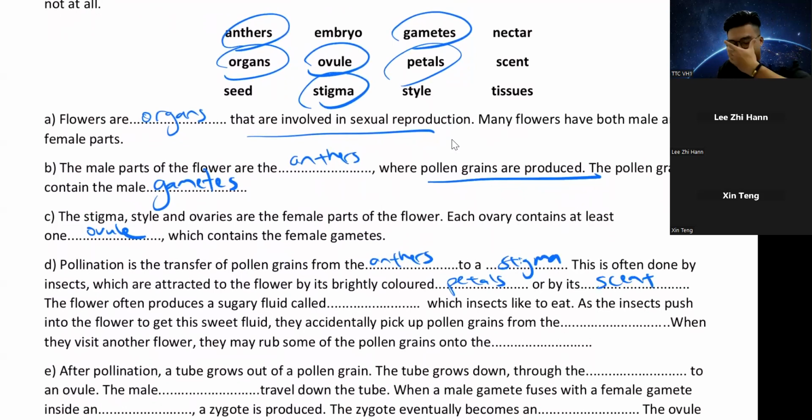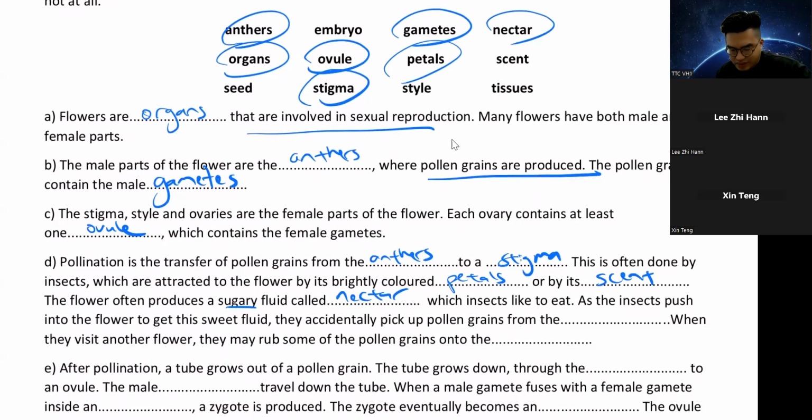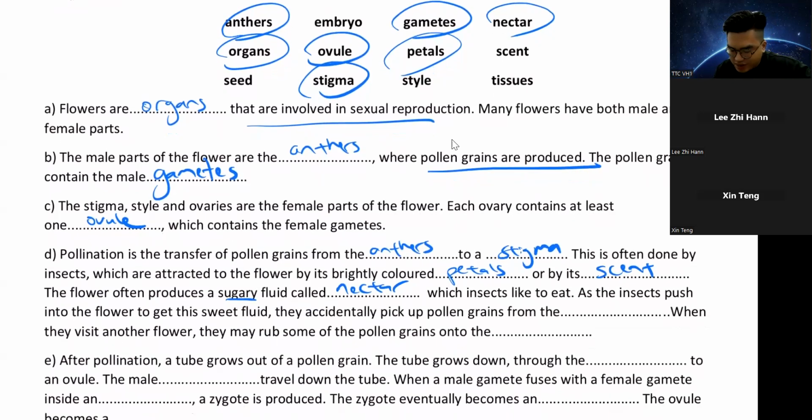Okay, scent is a nice smell, 香味, scent. The flower often produces a sugary fluid called nectar. Can you see sugary? That means it's sweet. Nectar smells nice. Okay, nectar, which insects like to eat.